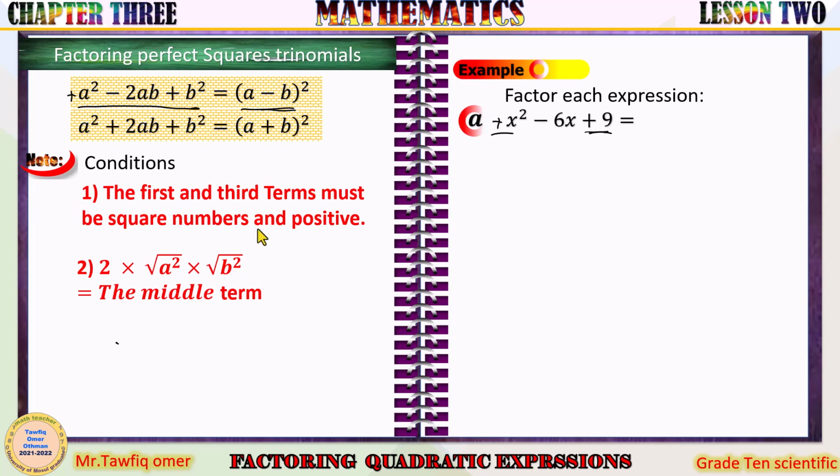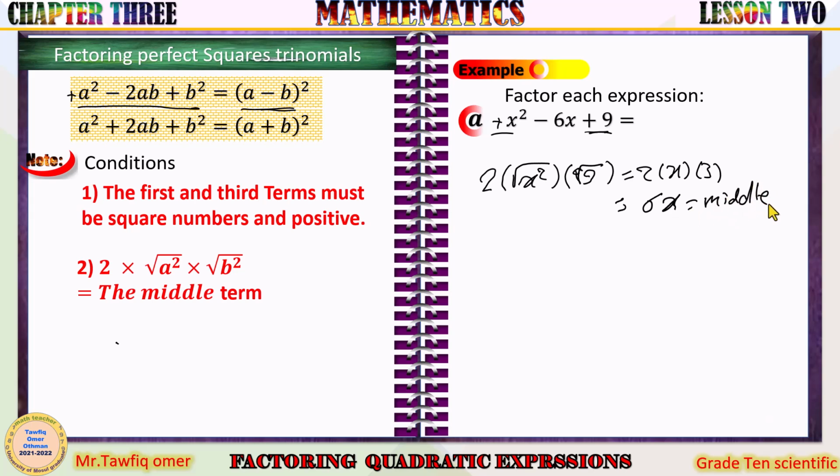To know if it satisfies the second condition or not, we do 2 times the square root of the first one times the square root of the third one, which is equal to 2 times x times 3, which is equal to 6x. As you can see, it is equal to the middle term, this one.